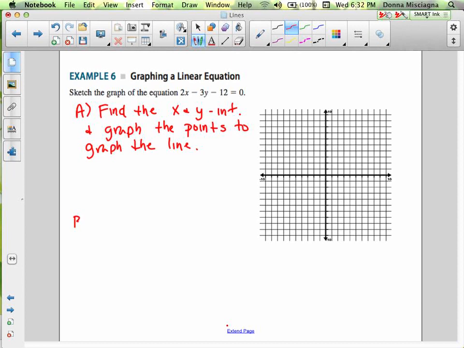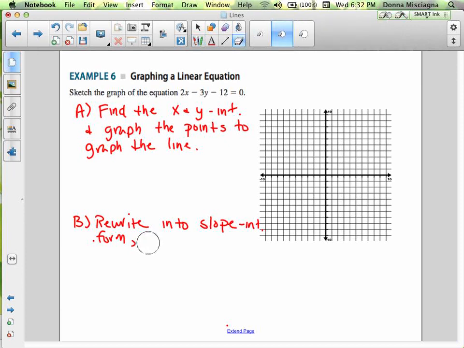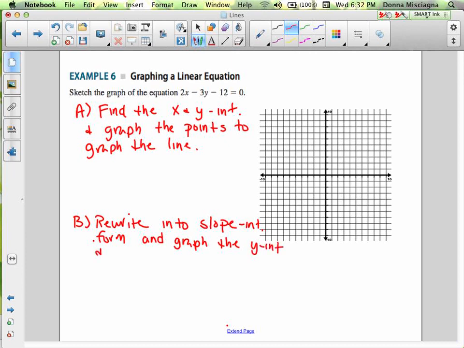Or B, rewrite in slope-intercept form, and then graph the y-intercept and use the slope to get more points. Either is fine, whichever you prefer.